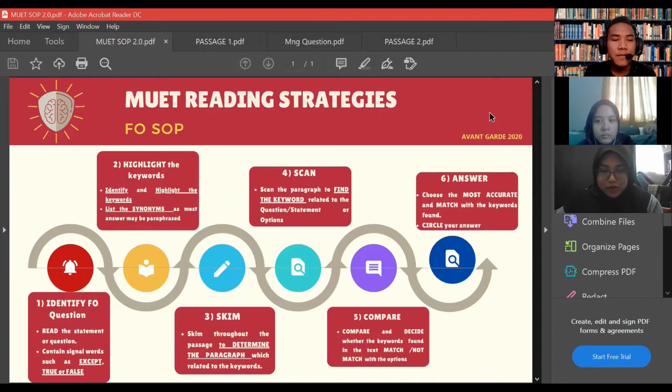Next, after you have found the signal words, you have to highlight the keywords in the statement or the question. Bear in mind that the keywords are usually not the same in the text, as most questions are paraphrased in the text.